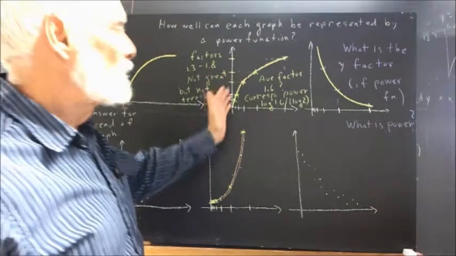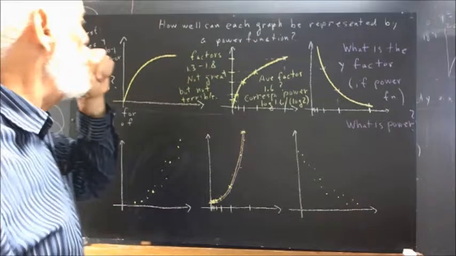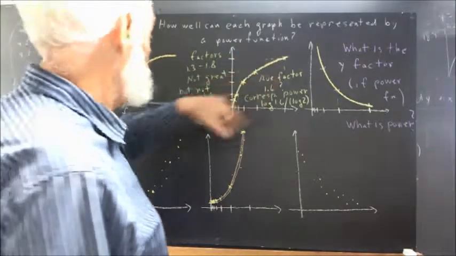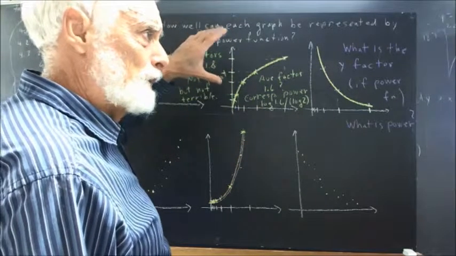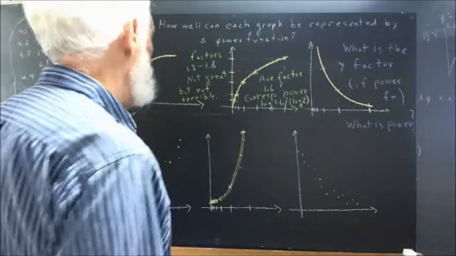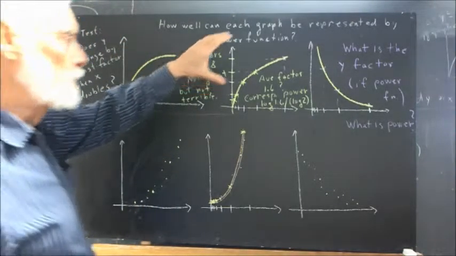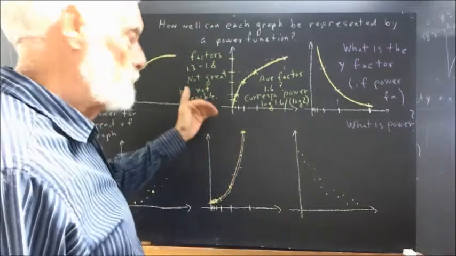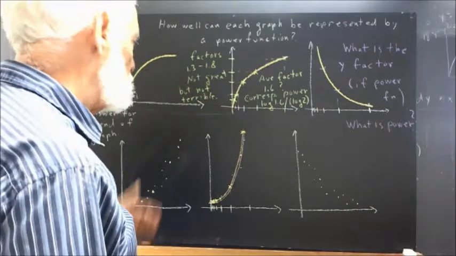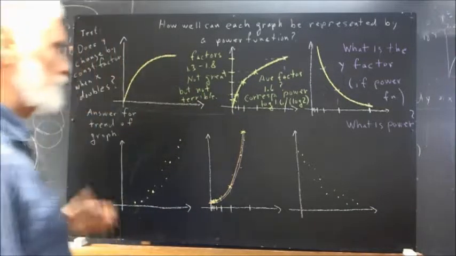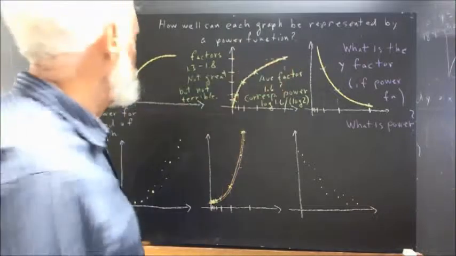So there's definitely a trend in the factors. So this is maybe somewhat close to a power function. A power function model might work reasonably well for these data points, but it's probably not what's really going on, at least not if we can trust the curve.